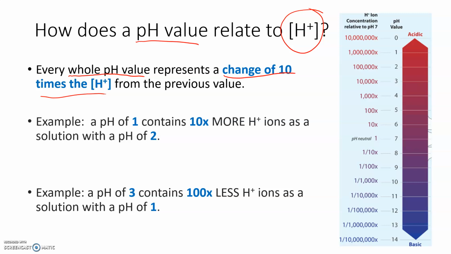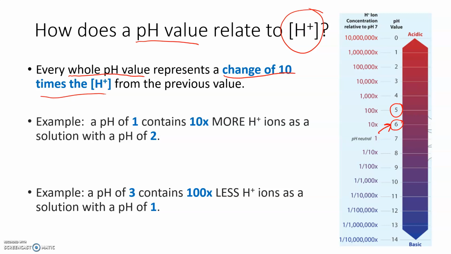So for example, if I had something with a pH of 6, and I wanted to compare it to something with a pH of 5, the substance with the pH of 5, which is more acidic, would have 10 times higher hydrogen ion concentration than the substance with a pH of 6.